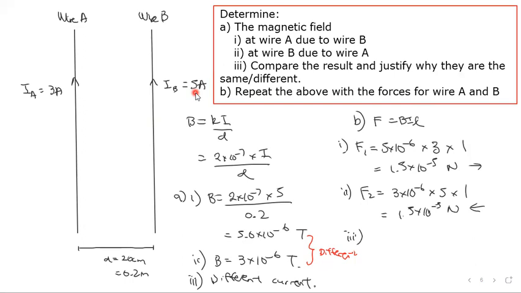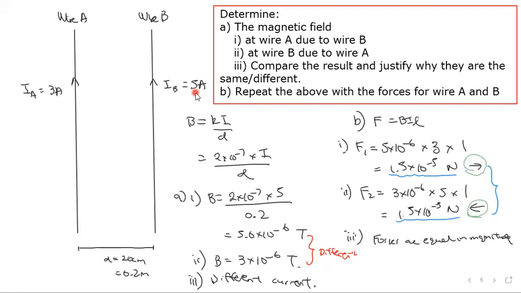Now that we're comparing the result, you can quite clearly see that the numbers are the same. So importantly, the forces are equal in magnitude. But a comparison of forces, being a vector, also needs to compare the direction.